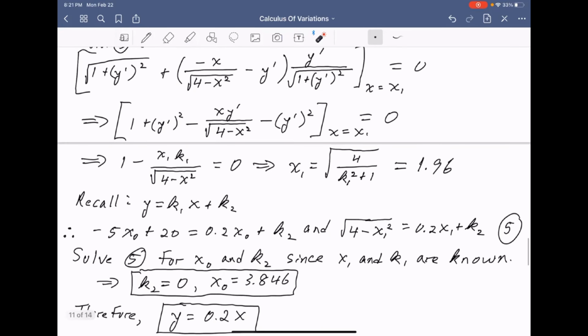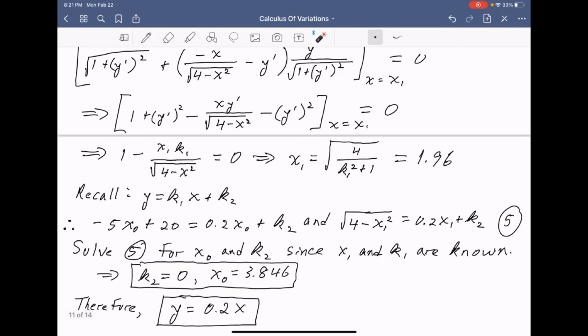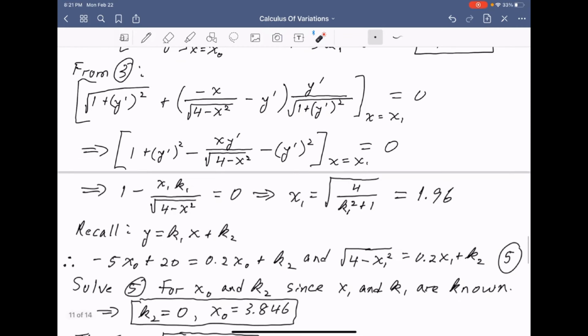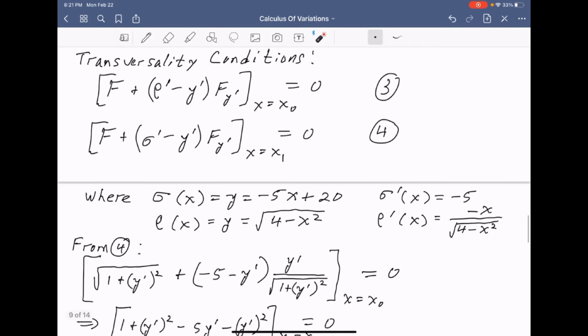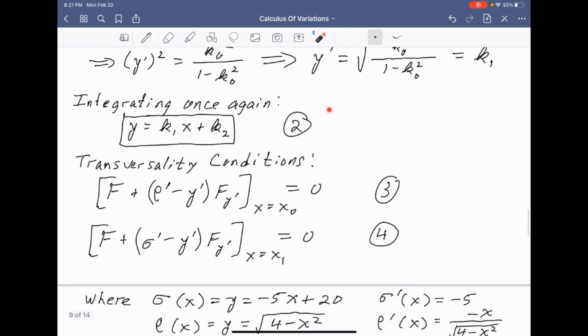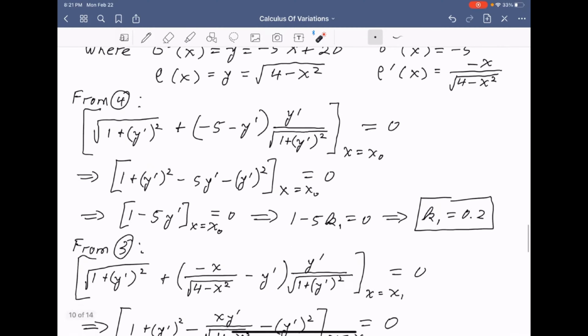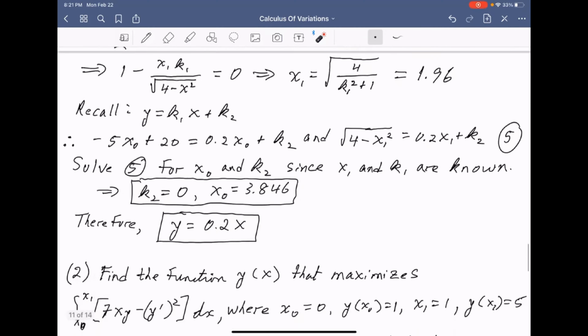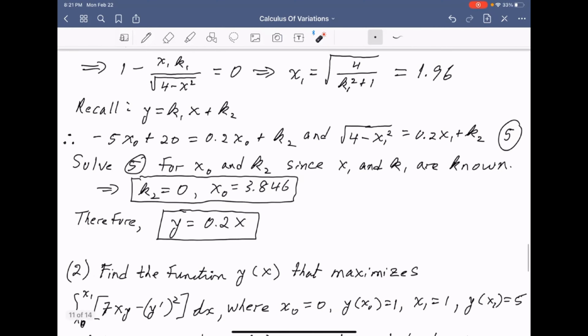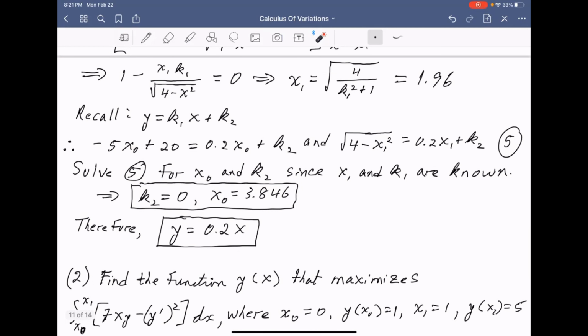Now recall that y was equal to k1x plus k2 from this expression way up here, number 2, and we then get that minus 5x naught plus 20 is equal to 0.2x naught plus k2, and we get that the square root of 4 minus x1 squared is equal to 0.2x1 plus k2.